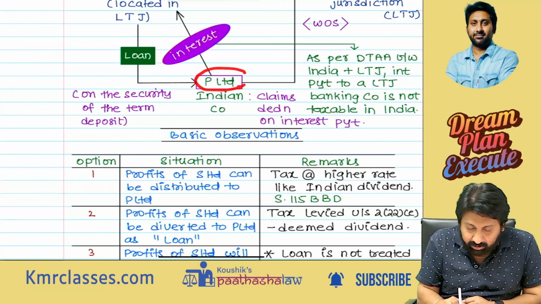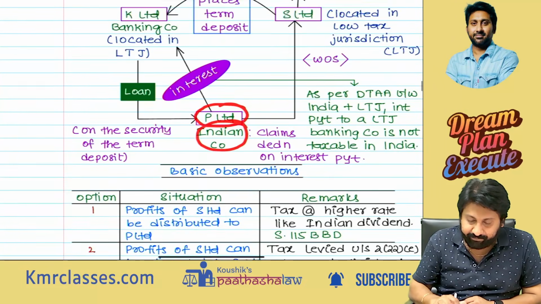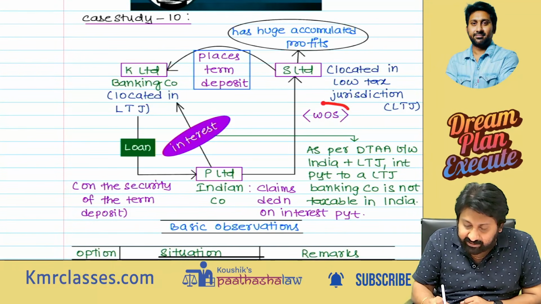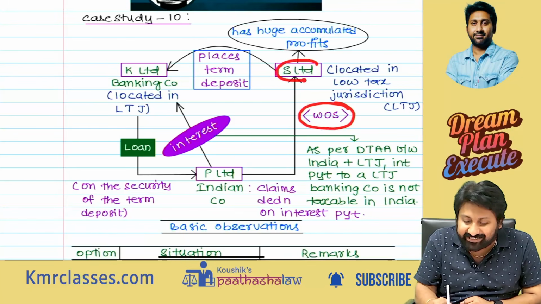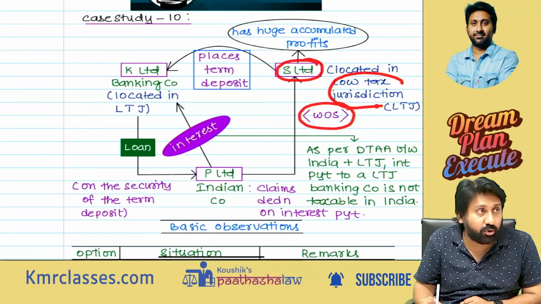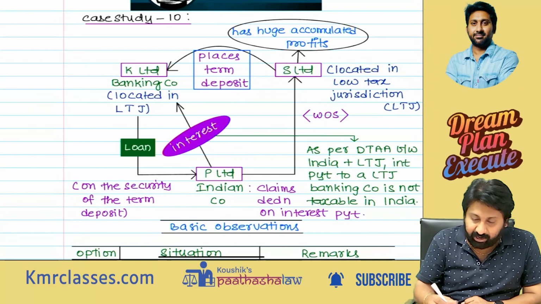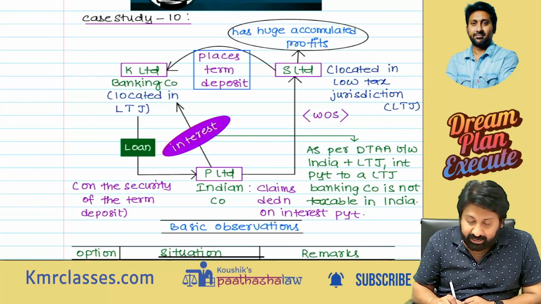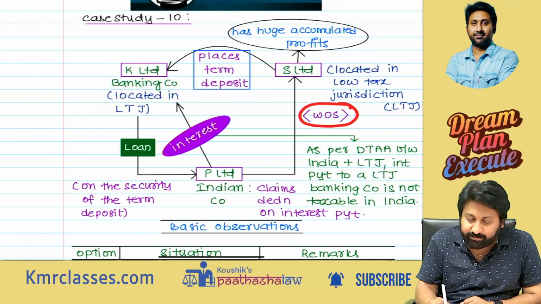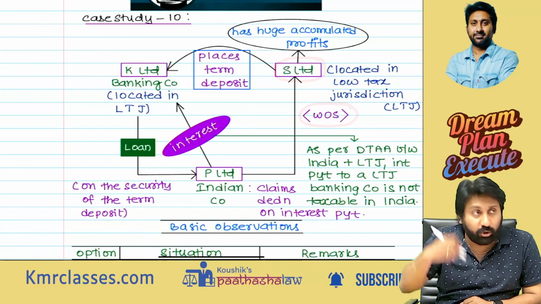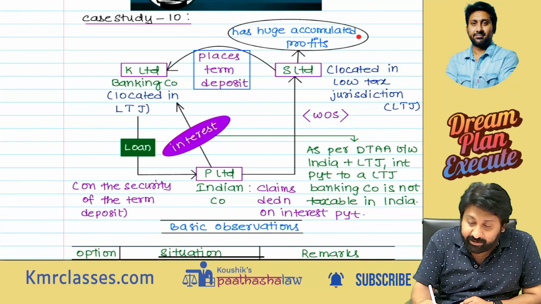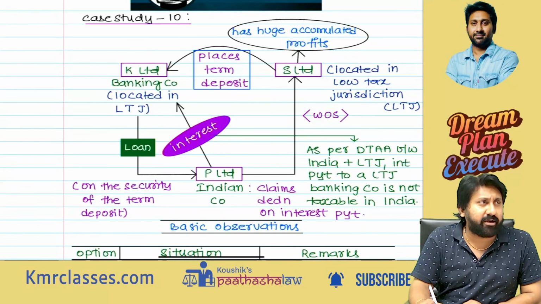There is a company called P Limited, which is an Indian company. This Indian company has a wholly owned subsidiary called S Limited in a low tax jurisdiction, a tax haven. That S Limited has huge accumulated profits.